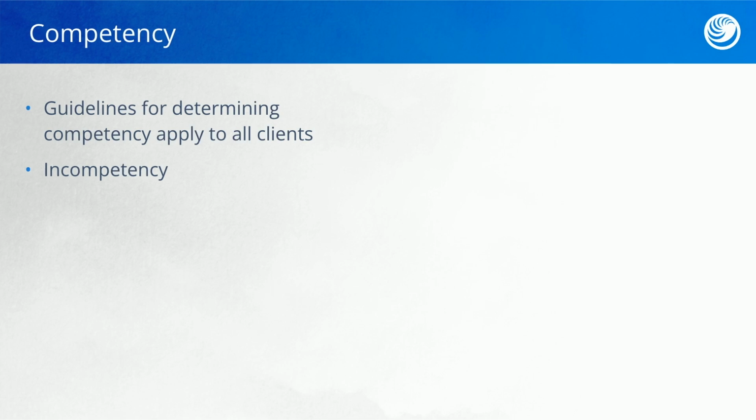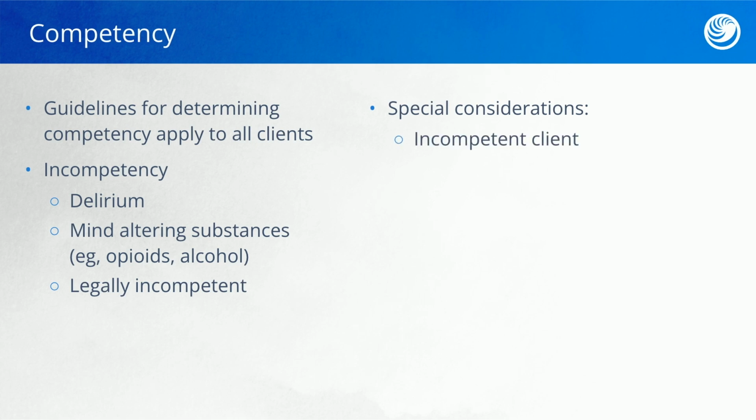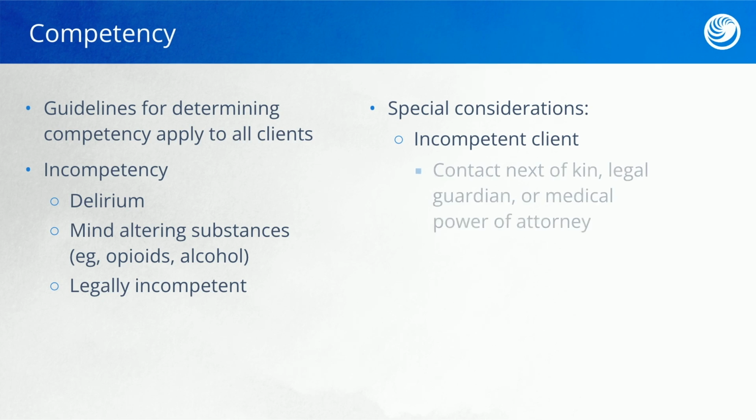Examples of clients who would be considered incompetent would be clients who are experiencing delirium or a psychotic episode, clients who have taken mind-altering substances like opioids or alcohol, or clients who have already been deemed legally incompetent. We will need to take special considerations for those clients who have been deemed legally incompetent. We will need to reach out to the next of kin, power of attorney, or legal guardian to obtain consent.